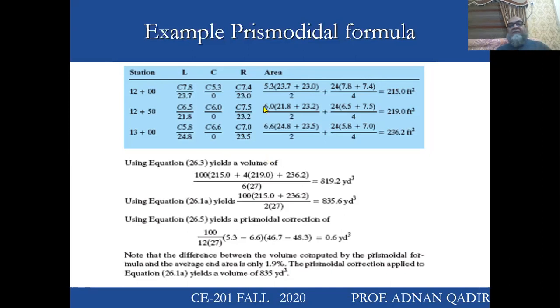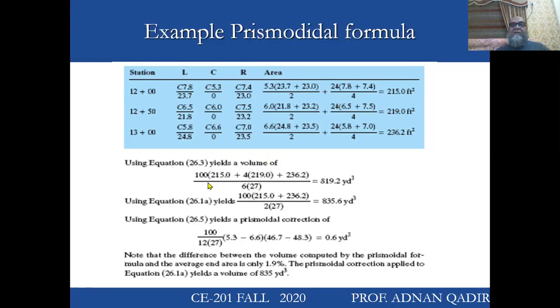So first you have to calculate the area. Now this is a 3-level section. You know how to calculate a 3-level section. So this is A1, this is A2, and this is A3, right? Calculating the area is very simple, you know by this time how you have got these values.